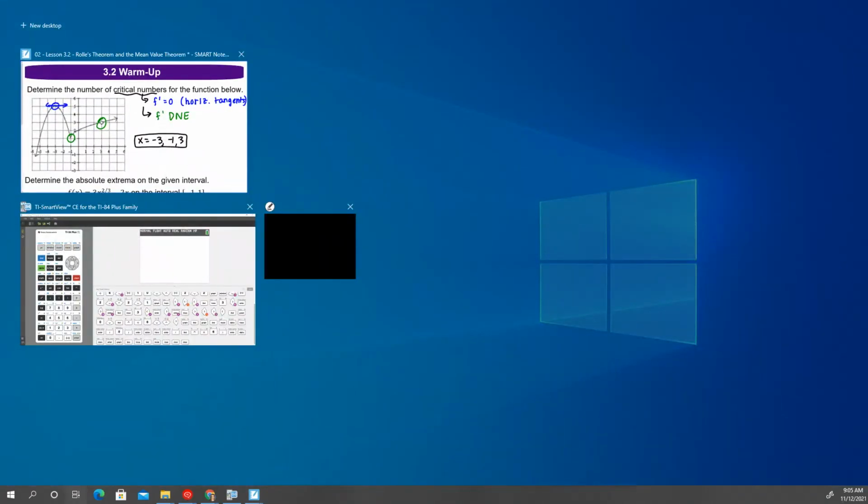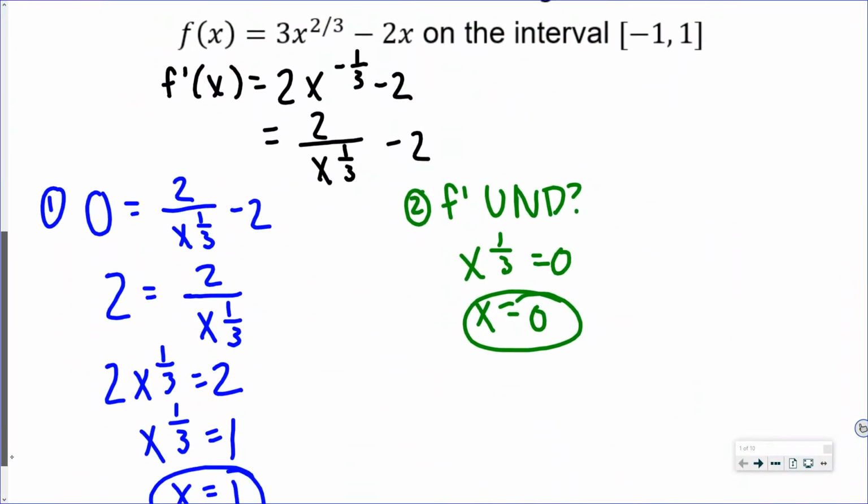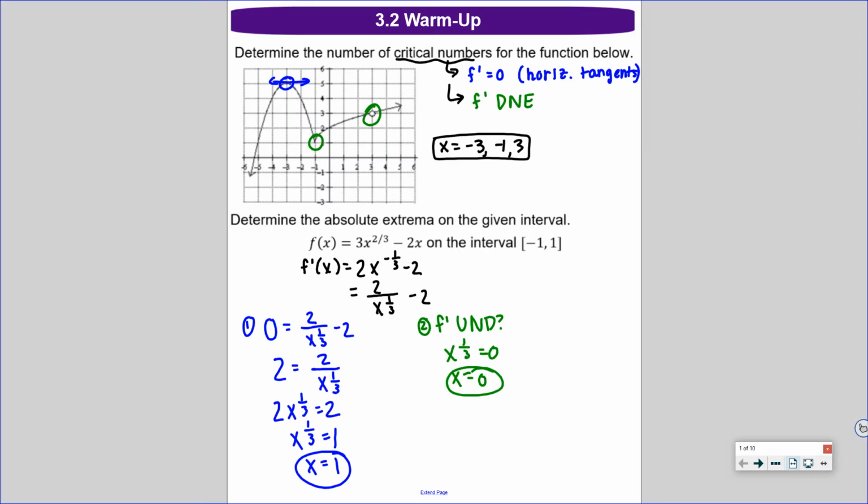Next one is just like the ones we practiced a bunch of in the notes, where we algebraically had to find the critical numbers. Handwriting looks better. So determine the absolute extrema, and this is like that candidates test. Basically, you have to find critical points. I found 2. So start finding the derivative. Like I just said, when is my derivative equal to 0? When I have horizontal tangents, it'd be at x equals 1.